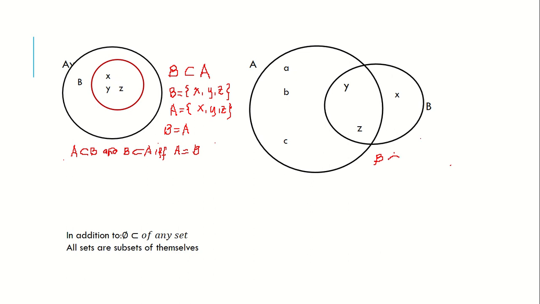But B is not a subset of A because X here is an element of B, but X is not an element of A.